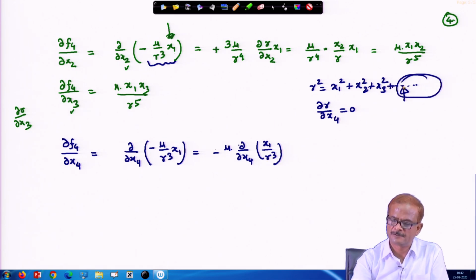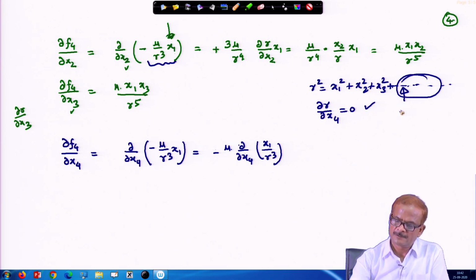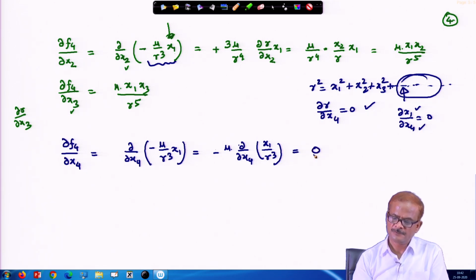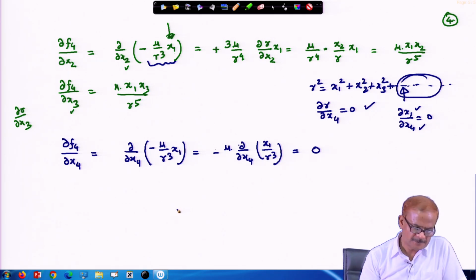So, this quantity gets reduced to 0, and x1 also, ∂x1/∂x4, this quantity is 0, because x1 is not a function of x4. So, this way you will see that this quantity is equal to 0. So, all other terms in that matrix, that turns out to be 0.